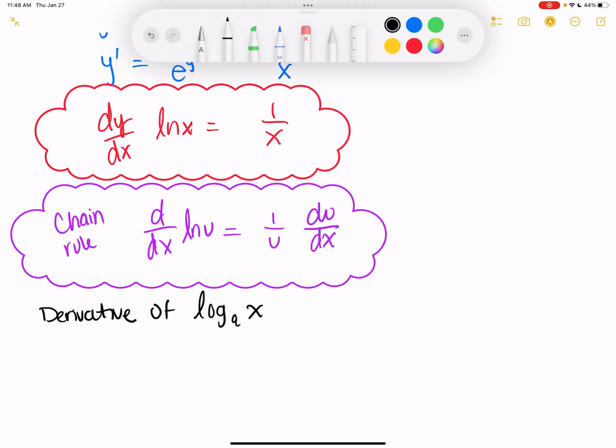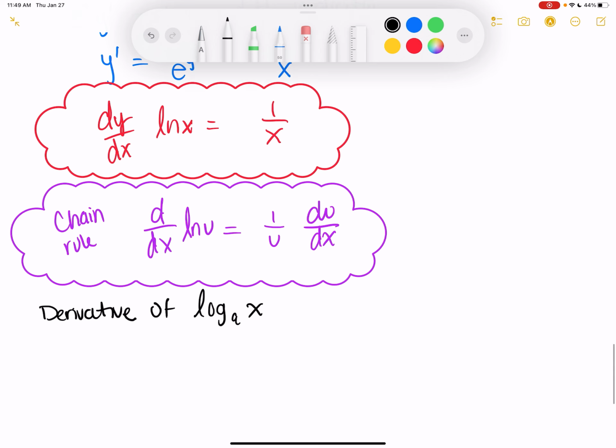There's not a set-in-stone formula for the derivative of log base a of x. To show what it is, we're going to use the change of base formula. That says that log base a of x is equal to the ln of x over the ln of a.